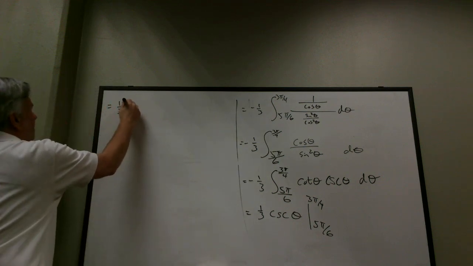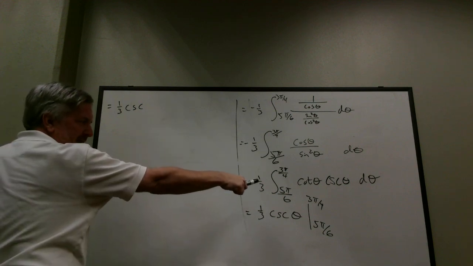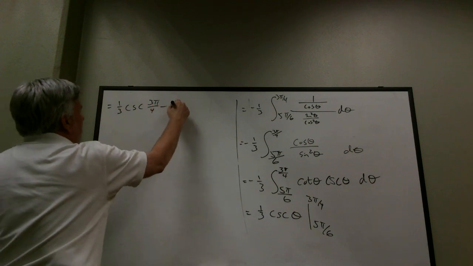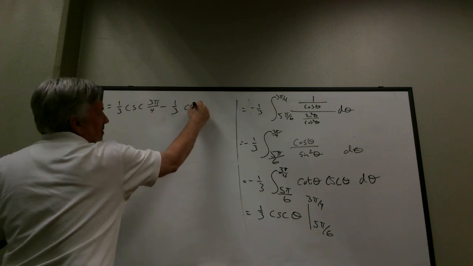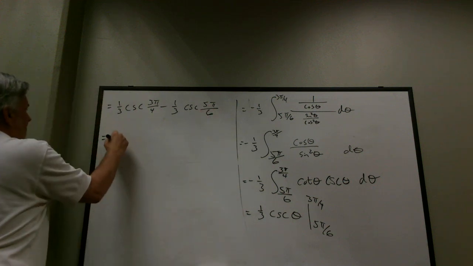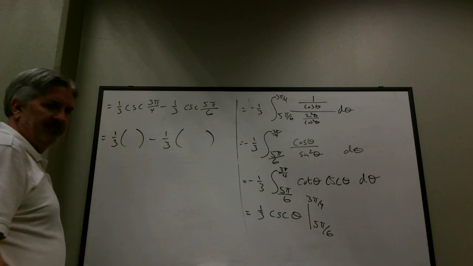So it's 1/3 cosecant of, again, plug in the upper limit even though it's smaller. Always plug in the upper limit first. Minus 1/3 cosecant of 5 pi over 6. Okay.